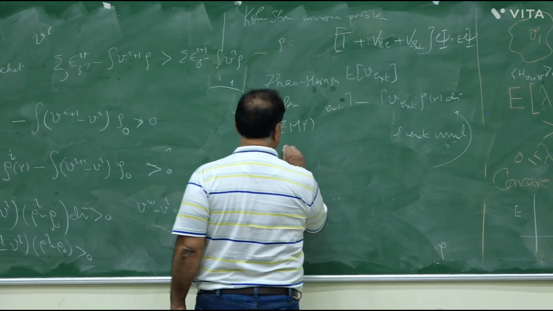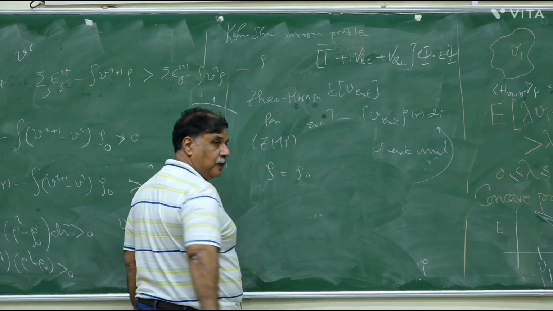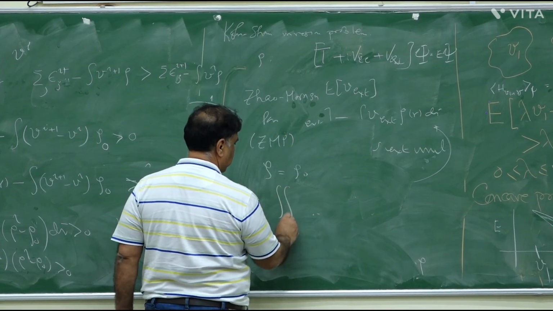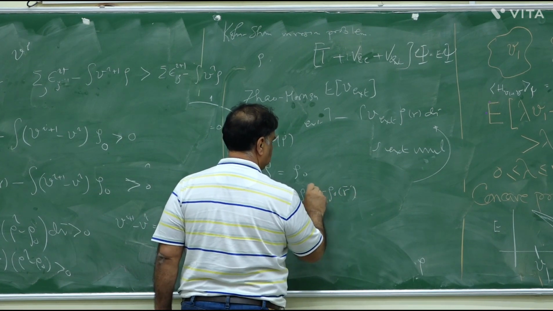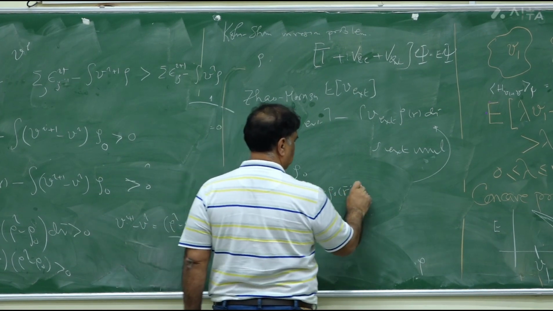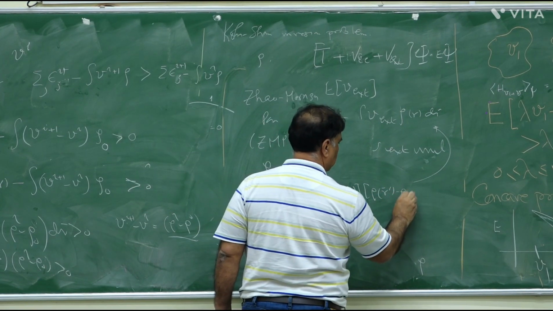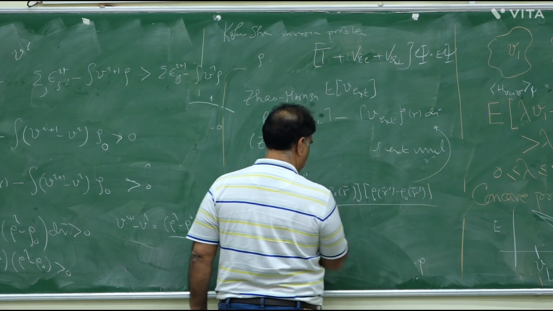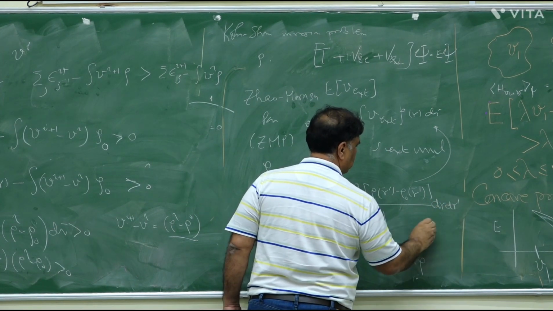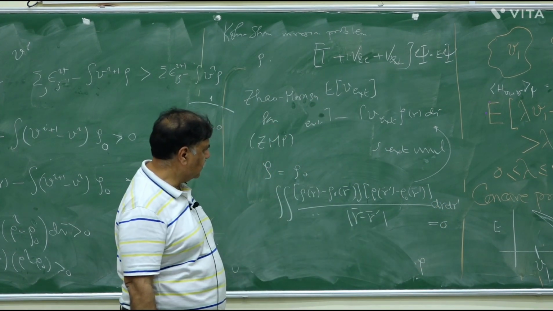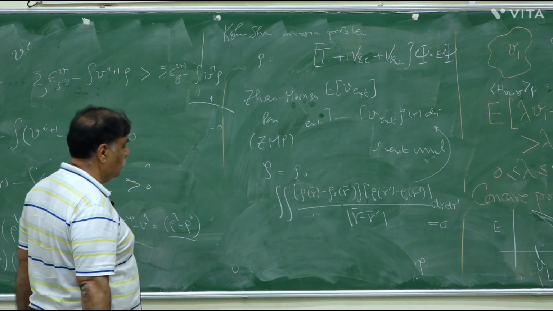If I want to make sure that rho obtained is the same as rho 0, and you can show from electrodynamics, the integral of (rho(r) minus rho_0(r')) times (rho(r') minus rho_0(r')) over |r minus r'| dr dr' is 0. You can show from electrodynamics that 0 means each term is 0. Okay, this is from the Laplace equation.